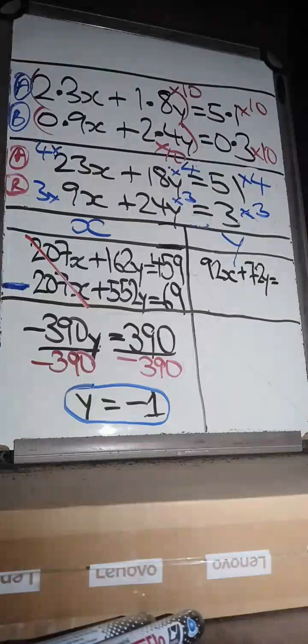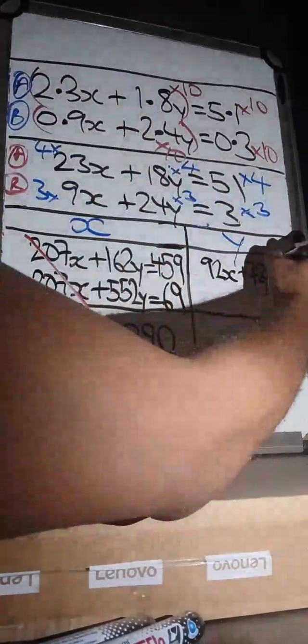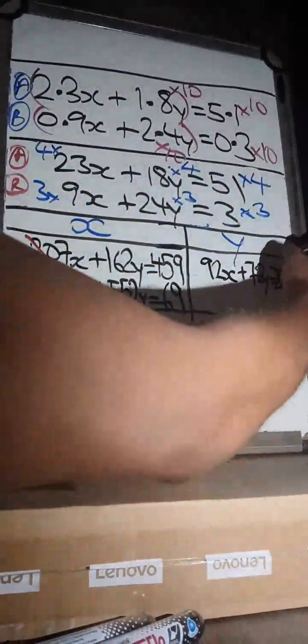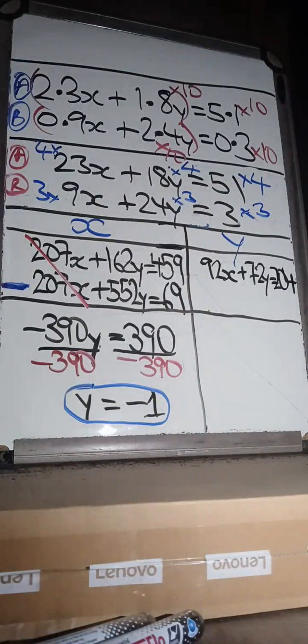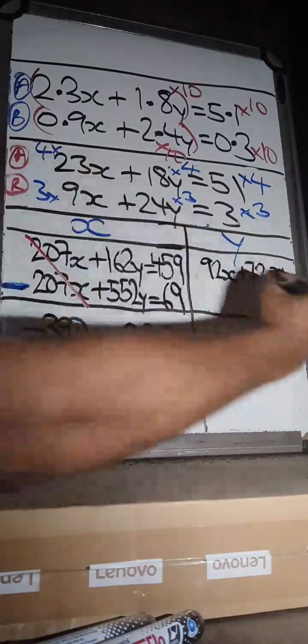What else now? Oh, 51 plus 51, 102 plus 102. So this is 204. Yeah, so that's 204. So 92x plus 72y equal 204.